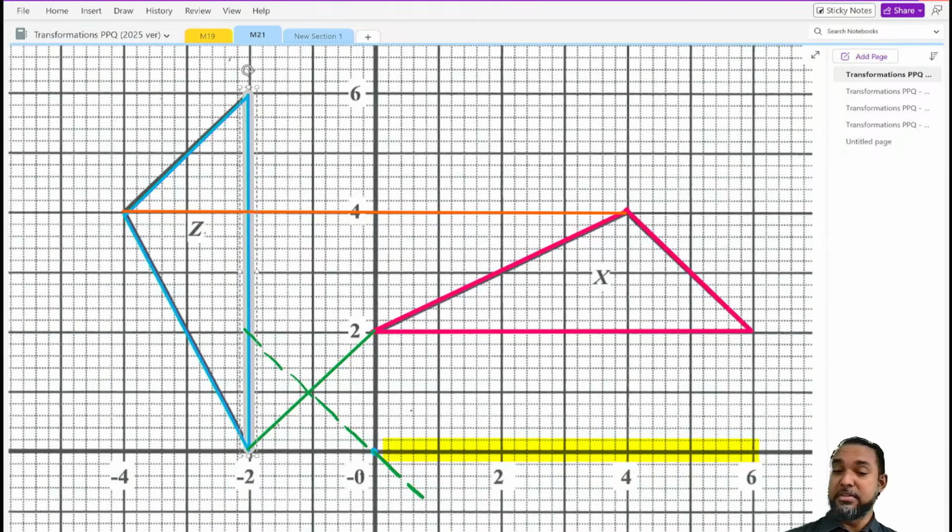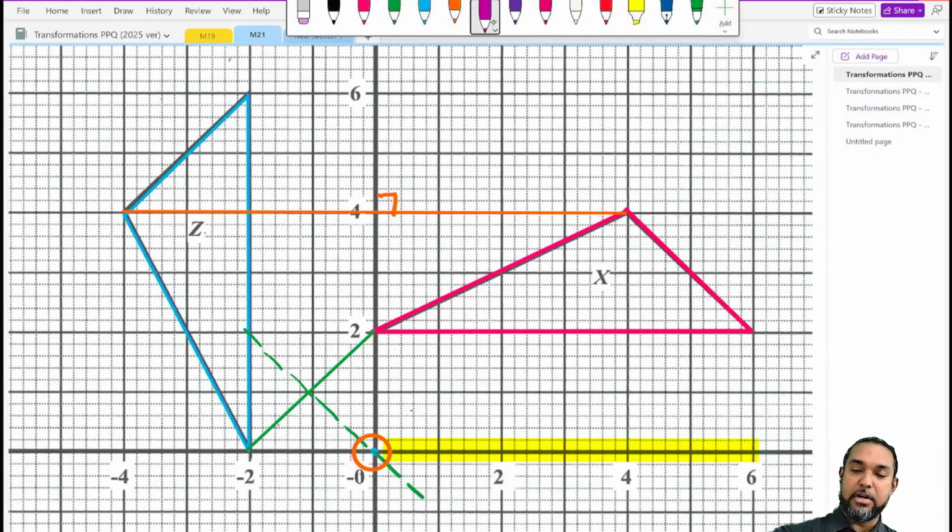The y-axis. Isn't the y-axis already passing through the midpoint at 90 degrees? It is. And where do the y-axis and that broken green line intersect? At the origin.